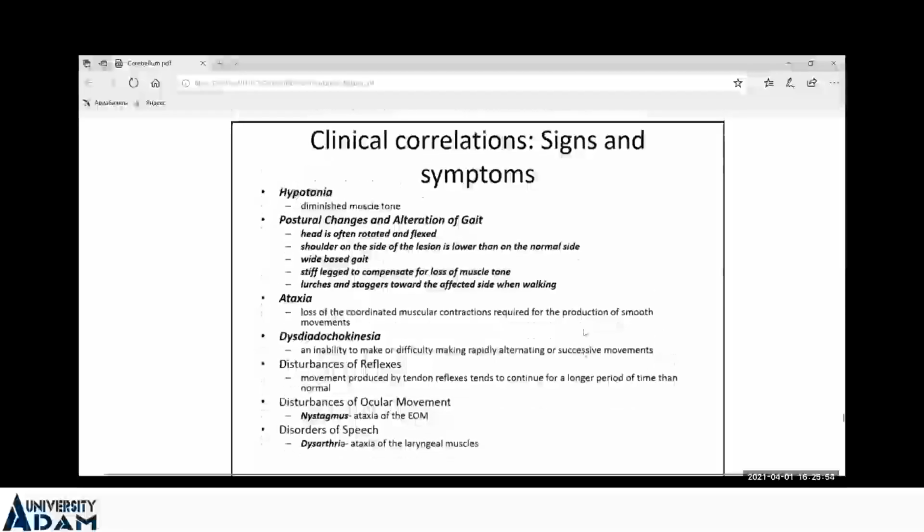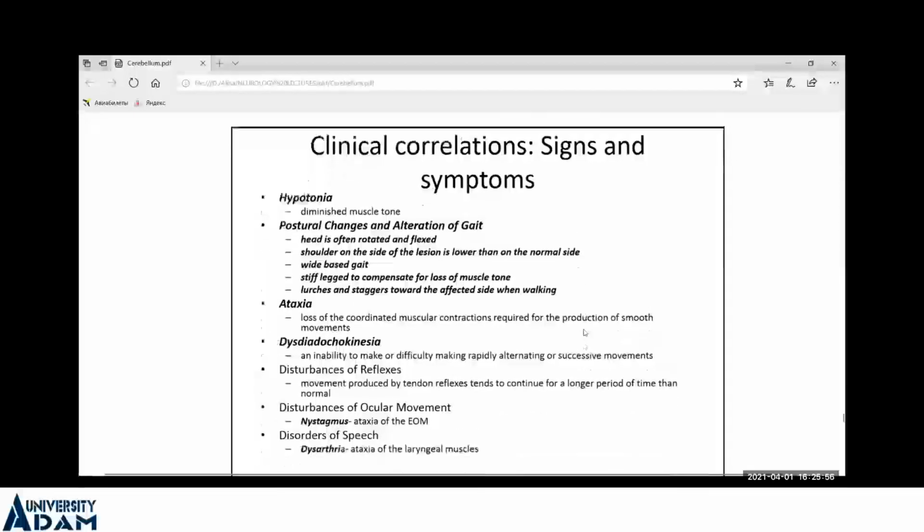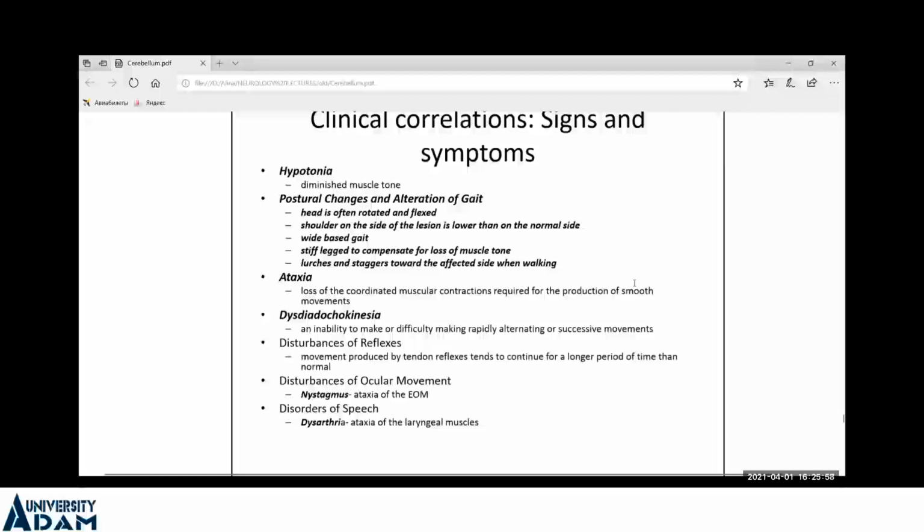So guys, clinical correlation, signs and symptoms. What will happen if the lesion is in the cerebellum? Hypotonia, postural change and alteration of gait, ataxia, dysdiadochokinesia, disturbance of reflexes, disturbance of ocular movement, and disorders of speech.